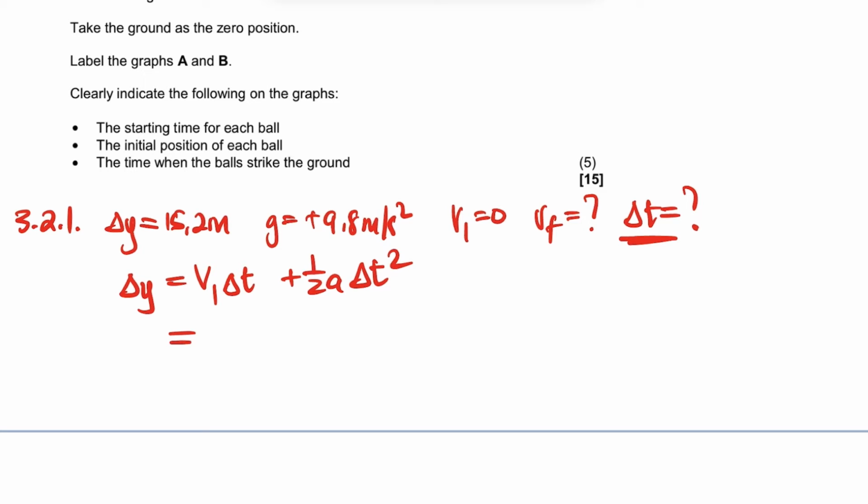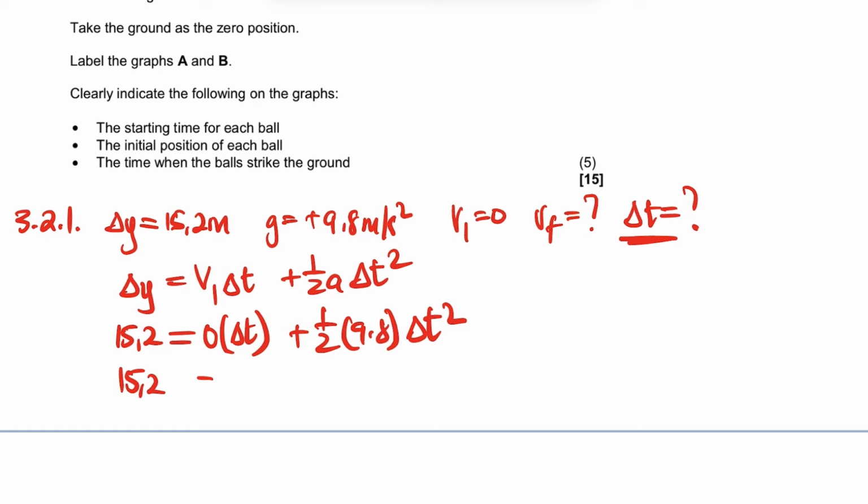We choose downward as positive and substitute our displacement, the initial velocity of 0, and the acceleration of positive 9.8. So we have 15.2 is equal to half times 9.8, which is 4.9 change in t squared.